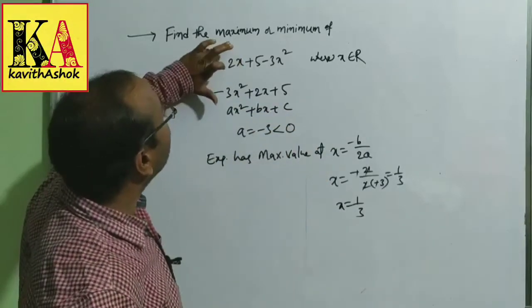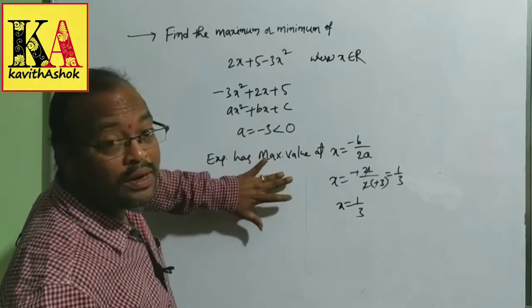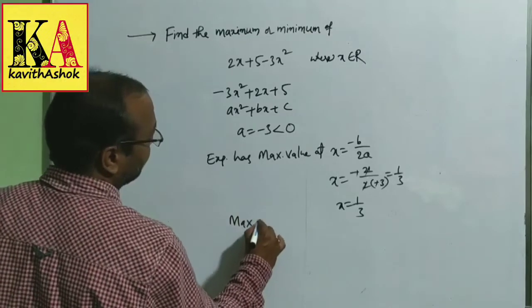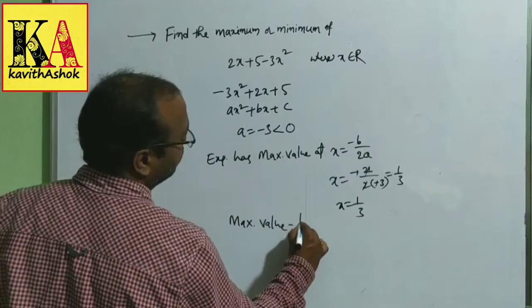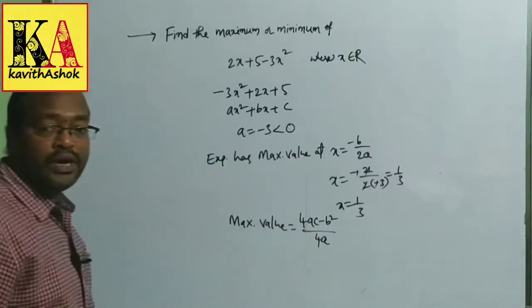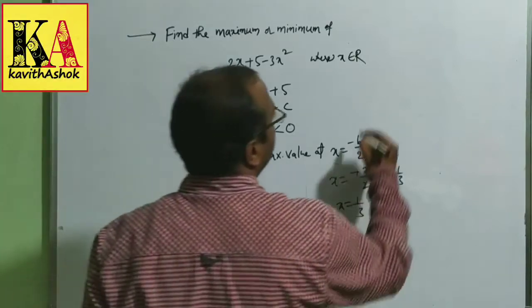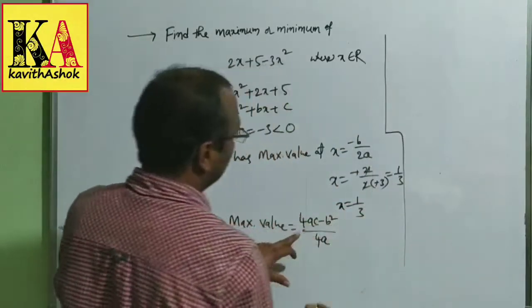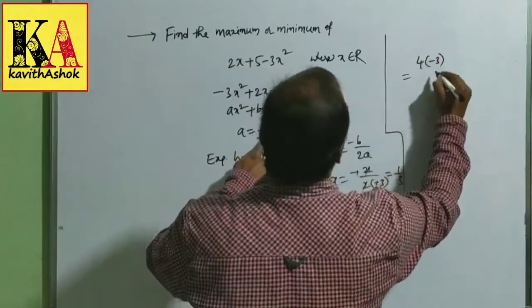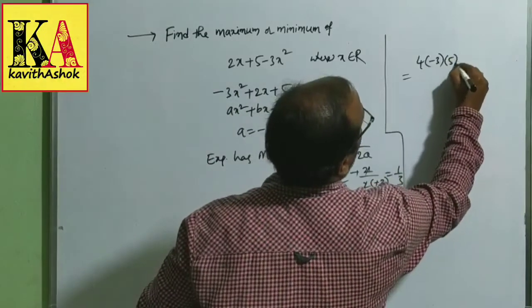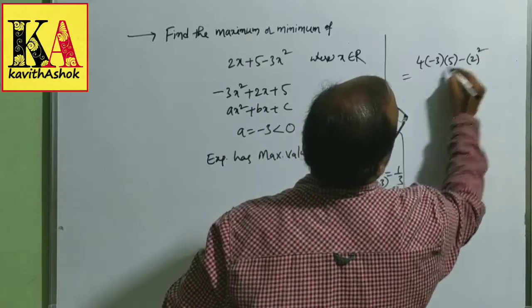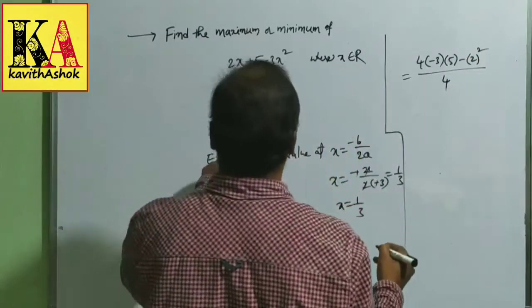We want the maximum or minimum value, and here we have only the maximum value. So we can find the maximum value like this. Maximum value is equal to (4ac minus b square) by 4a. This is the formula to find the maximum value. So 4a in the sense minus 3, c in the sense 5, 4ac minus b square in the sense 2 square, by 4a, in the sense minus 3 again.